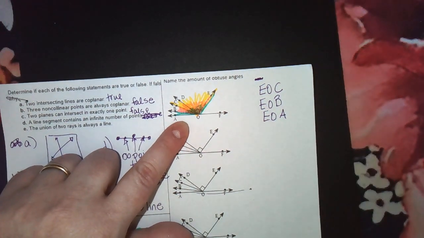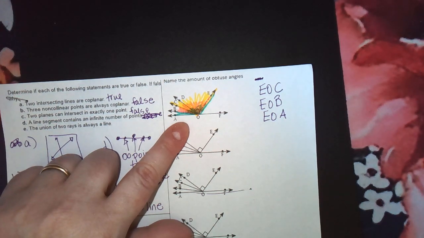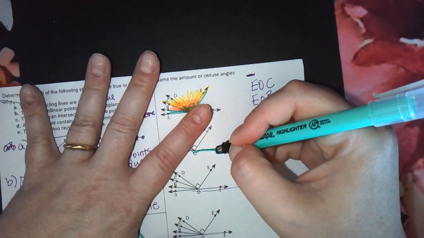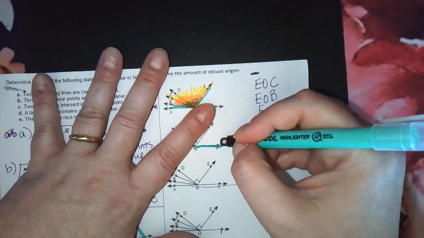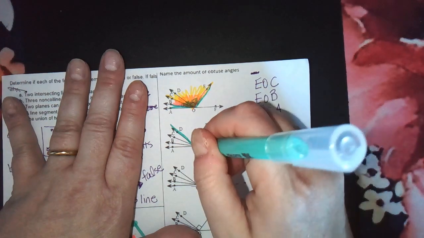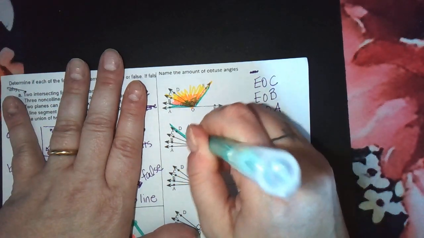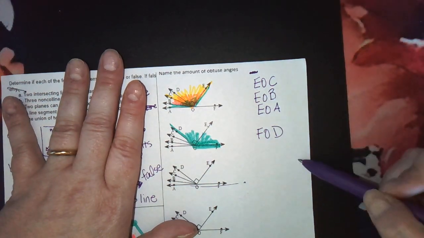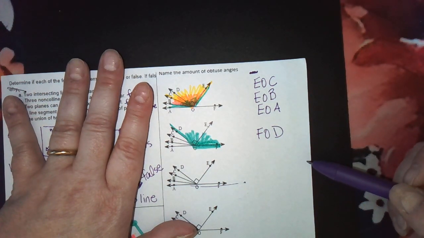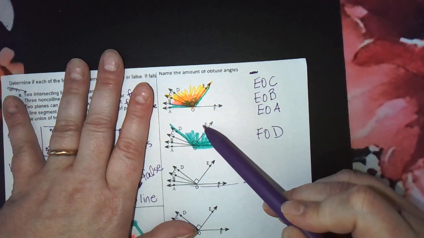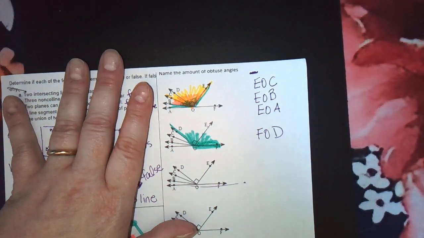Or I could have FO, not E, because that would be obtuse, but I could have FOD. That would be obtuse. And let's see here. So we have all of those. 1, 2, 3. We could have that. Oh, or we could keep going.